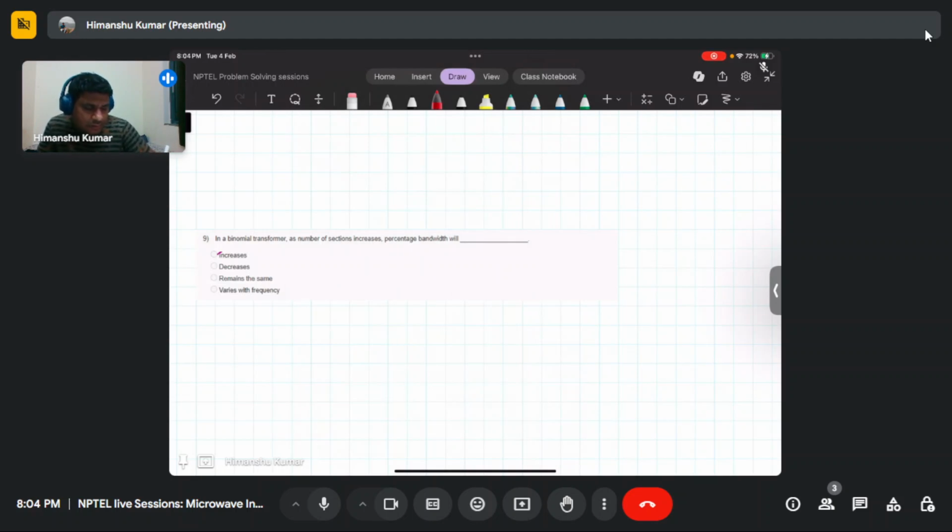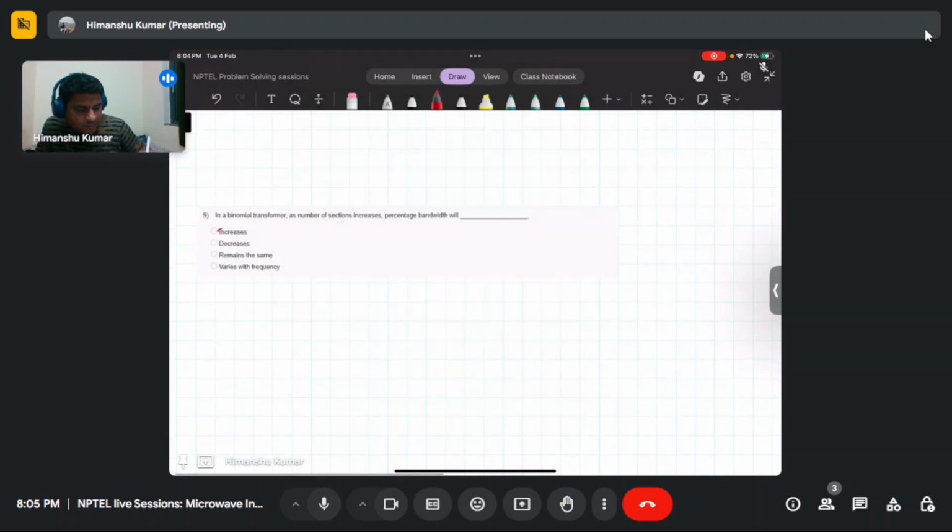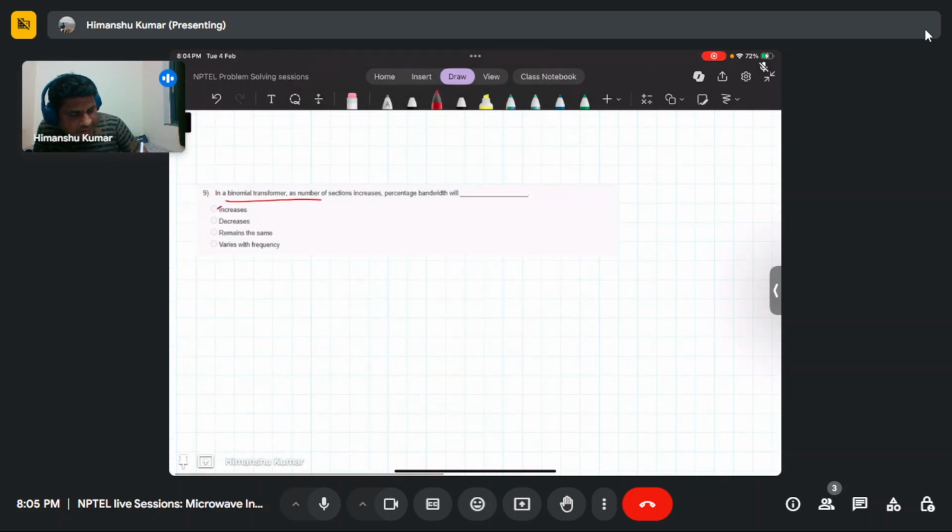Now, in the binomial transformer, as the number of sections increases, what happens to the percentage bandwidth? You need to find the trend.